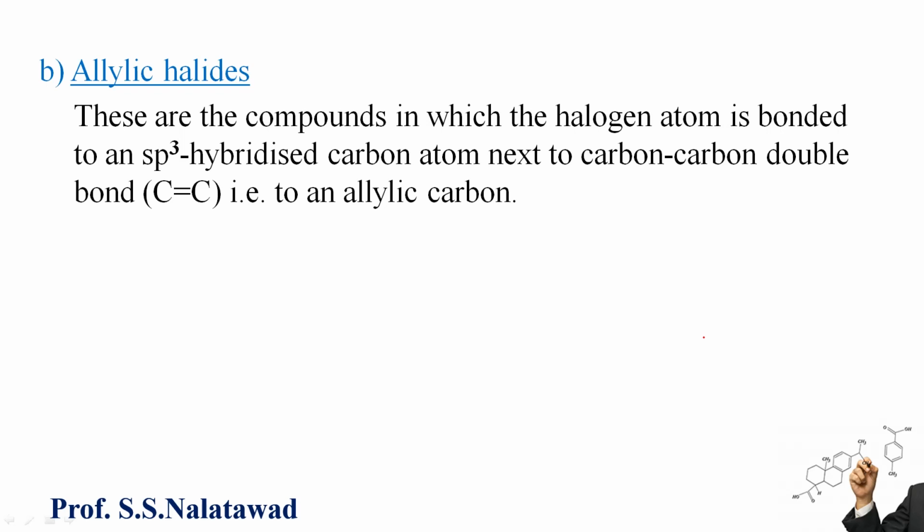These are the compounds in which halogen atom is bonded to sp3 hybridized carbon atom next to carbon-carbon double bond, that is to an allylic carbon. Here we have two examples.